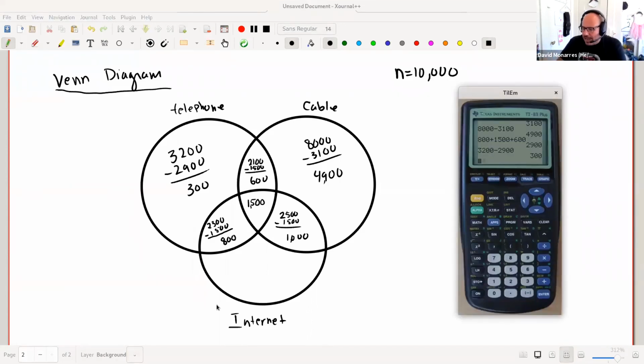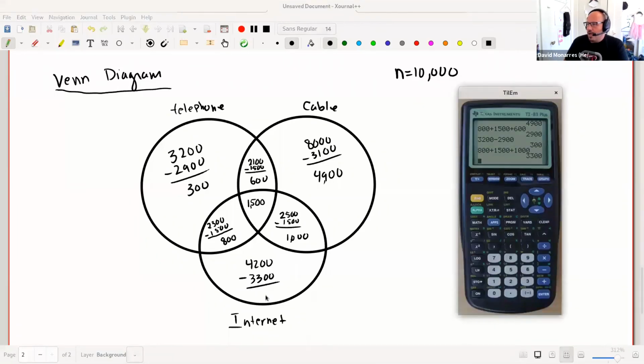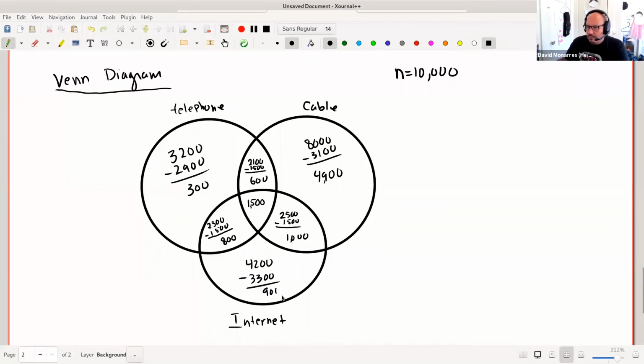But I've already accounted for 800 plus 1,500 plus 1,000. And so that's 3,300. So I'm going to take that 4,200 that it should be, minus the 3,300 that I've already accounted for, and 4,200 minus 3,300 is going to be 900 people.